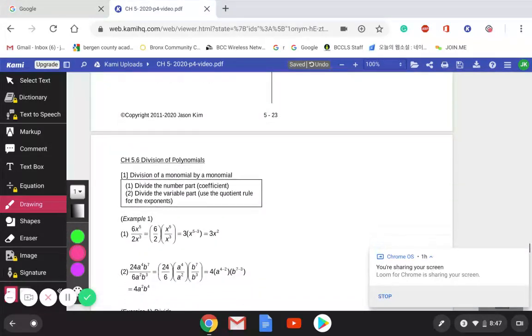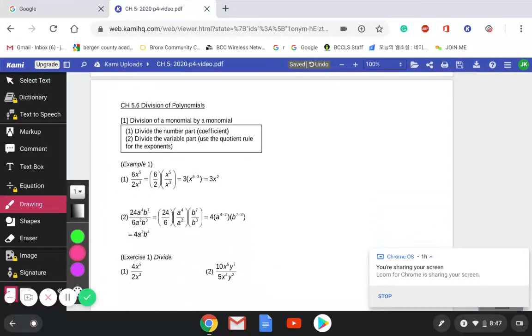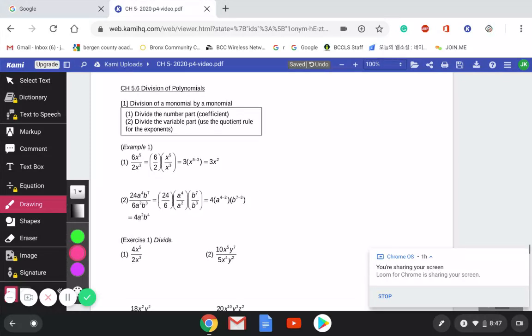The last topic is division of polynomials, which is rather simple. There are two types of division of polynomials. One is division of monomial by monomial, which means one term by one term.